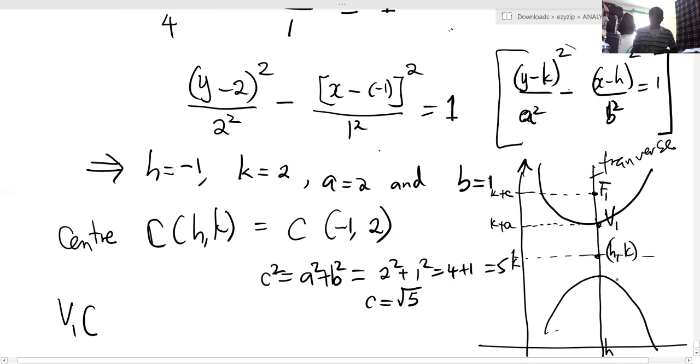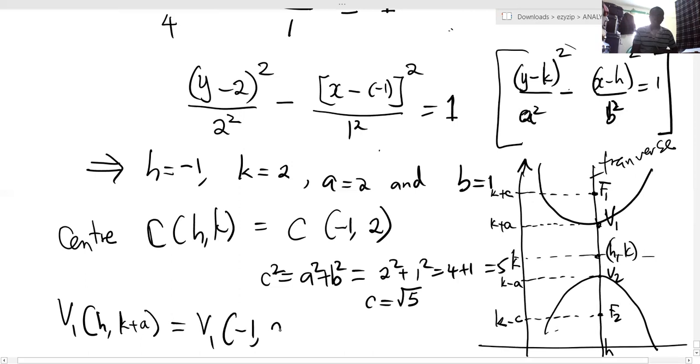And then this is V2, this will be k minus a, and then your F2 will be k minus c. So V1 we have h comma k plus a, which will be -1 comma 2 plus 2. So V1 has coordinates -1, comma 4.